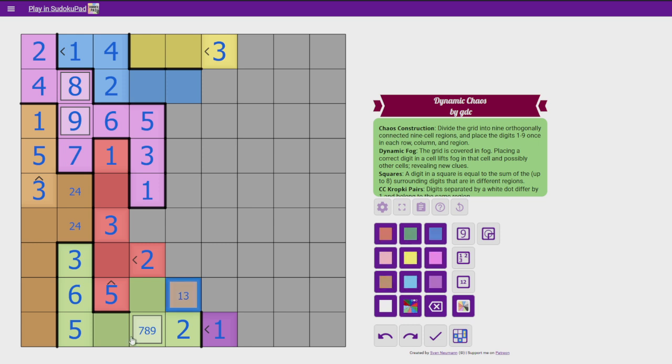It's not green, but then green is too small. It would only have 7 cells in it. So, if this is an 8, then that's a 1. And it's in a separate region. It's in the same region as this. They would go together. Oh, but they would also pen in green. Green would be too small still. So that's not an 8, is what that means.